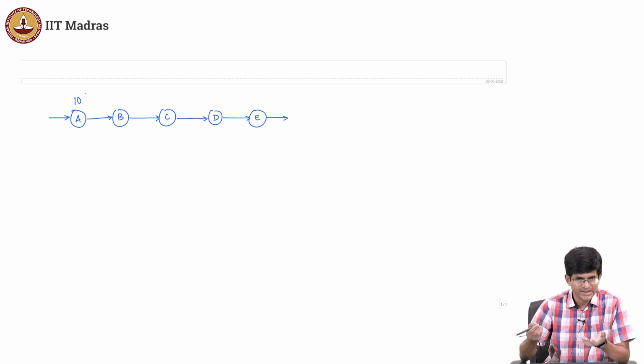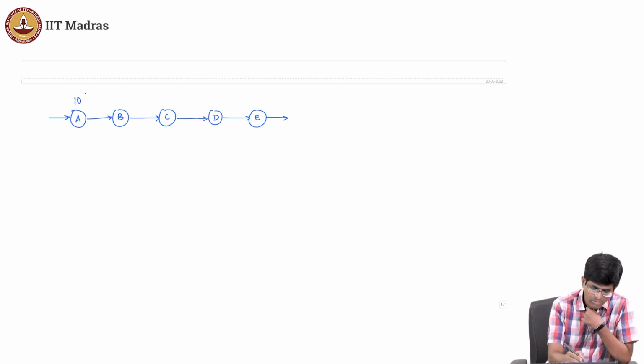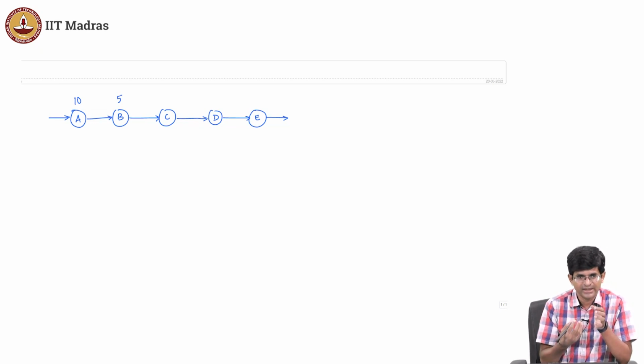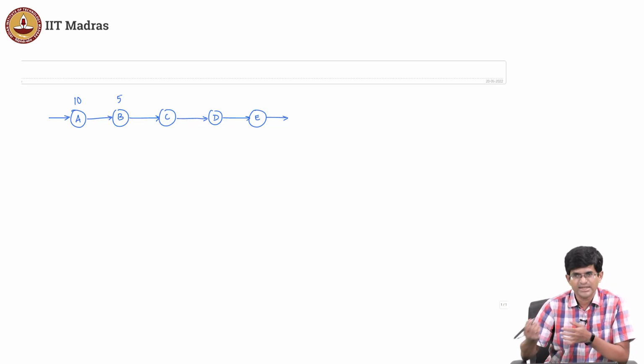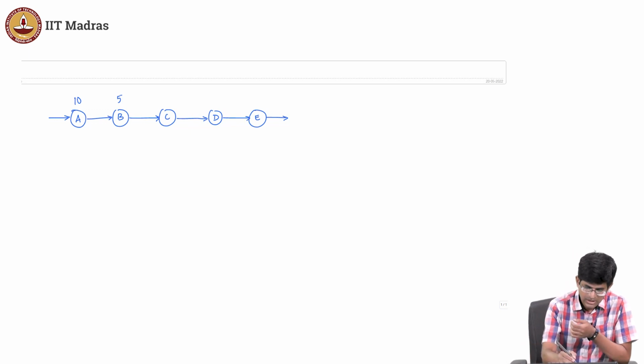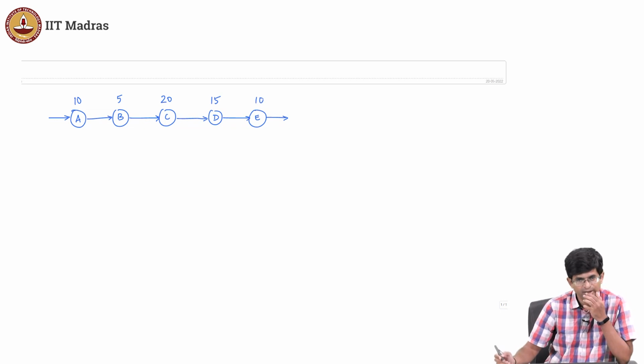Over here, nanoseconds doesn't make sense, but neither does seconds. So, just 10 time units, I don't care what. What about B? Let's say that B takes only 5. In other words, for each piece of data that it gets, it does something in 5 time units and generates an output. C takes 20, D takes, let's say, 15, and E takes 10 again.